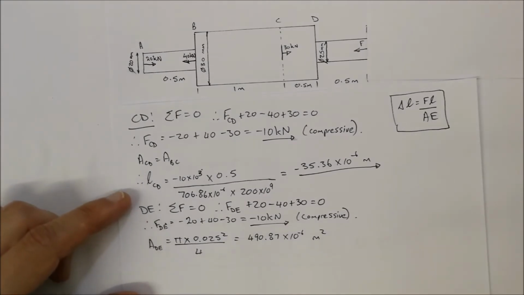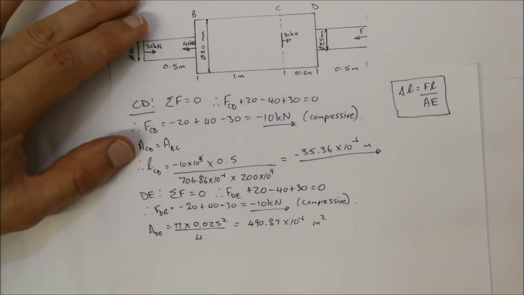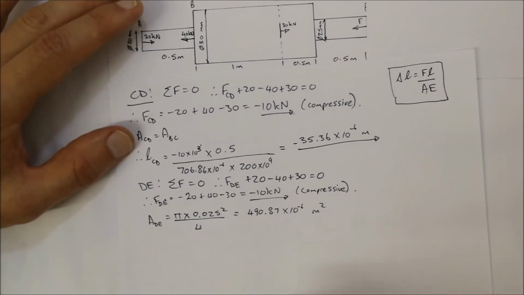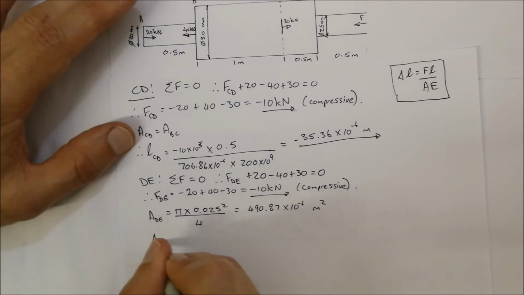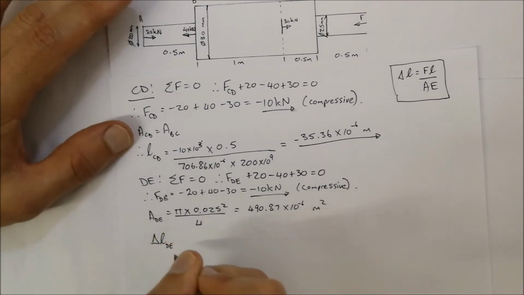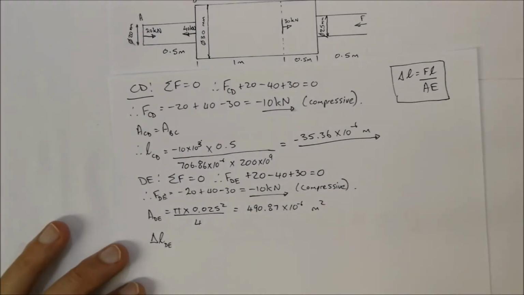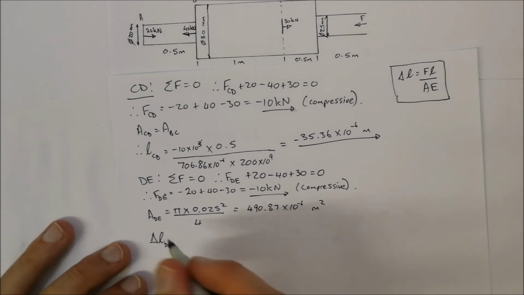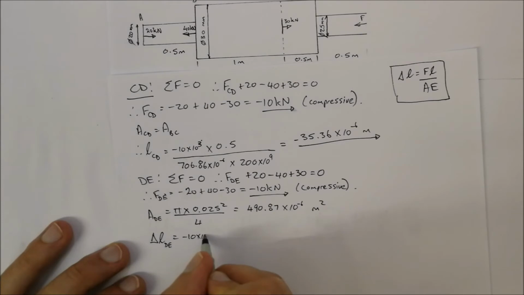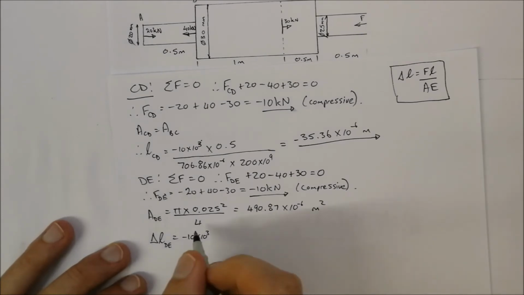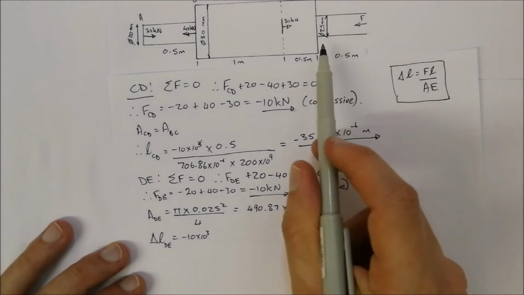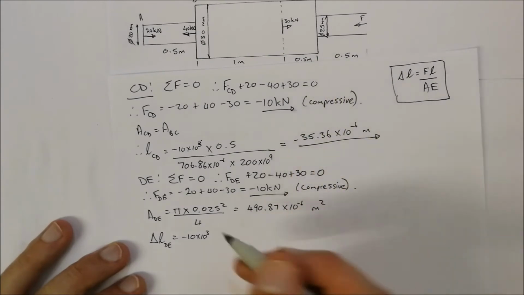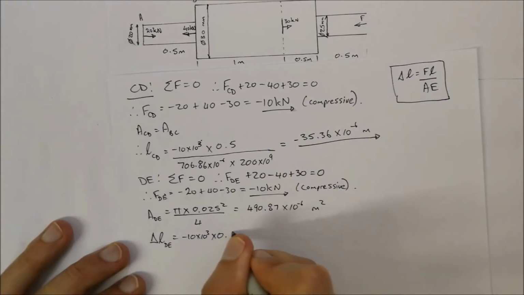Now that we've done that, let's have a look at the delta L. So again, delta L of DE, and again we're going to be using this formula over here. The force is equal to negative 10, so minus 10 times 10 to the 3. The length of that piece is 0.5 meters, so multiply by 0.5 meters.